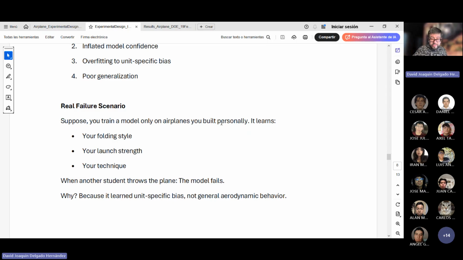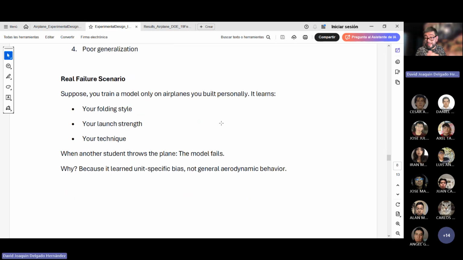But if another student comes and throws exactly my airplanes, because it is different, this is going to cause some variability, okay? And the airplane will not behave exactly the same as it behaved with me. So it will have a different performance if another person throws this airplane, okay?